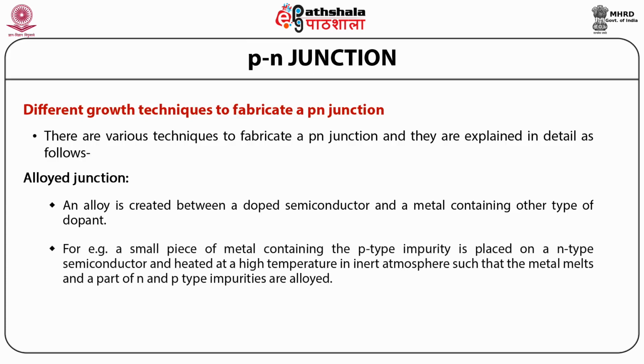For example, a small piece of metal containing the p-type impurity is placed on the n-type semiconductor and heated at a high temperature in an inert atmosphere such that the metals melt and a part of the n and p-type impurities are alloyed. The molten portion is then cooled and solidified, forming a p-n junction.